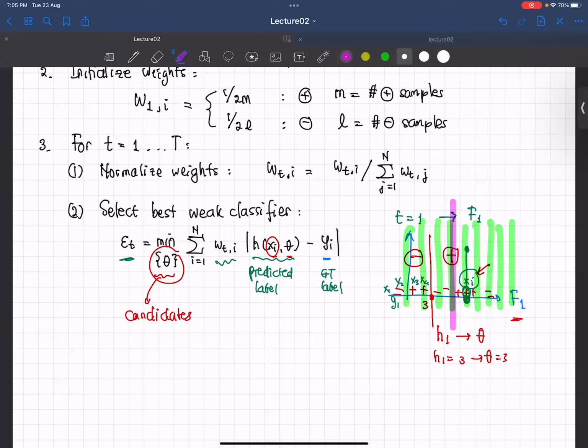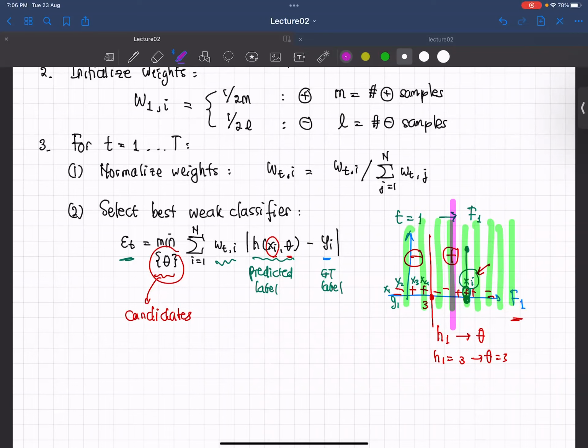But as you can imagine there, even if you just assume integer 0 to 100 of the range, you will have 100 candidates. Means that you have to try every single line to see how many errors that you will have. It will be computationally expensive.